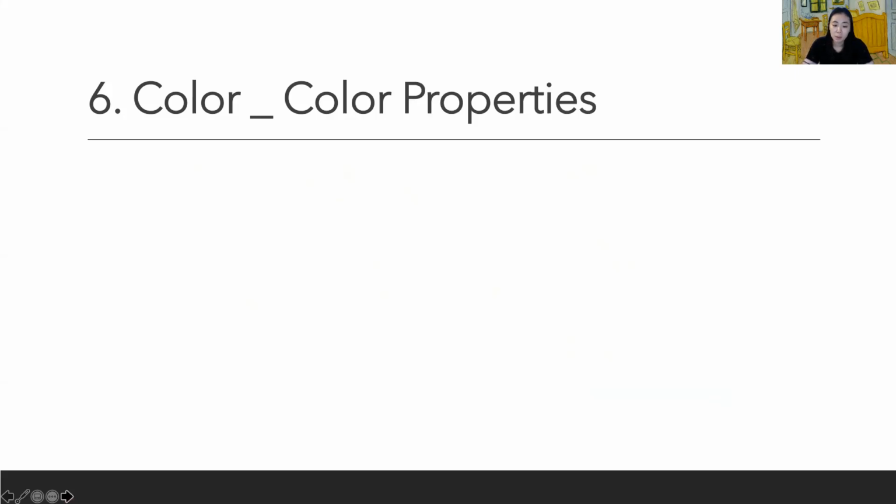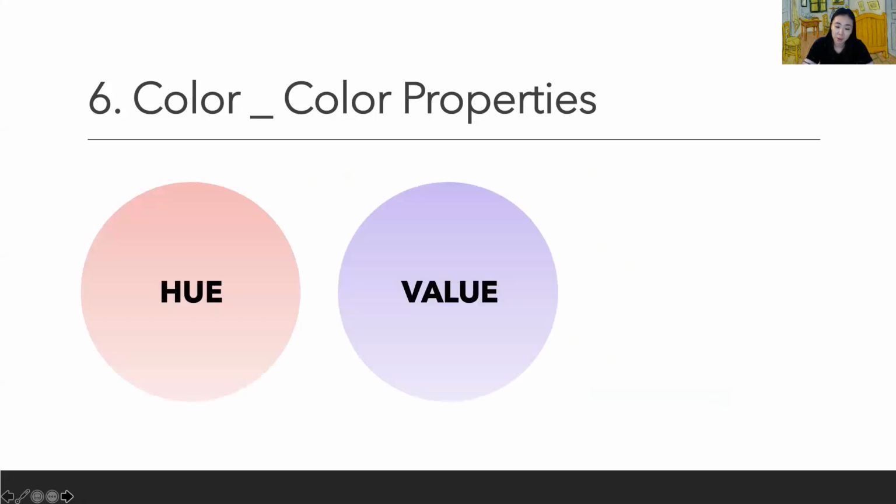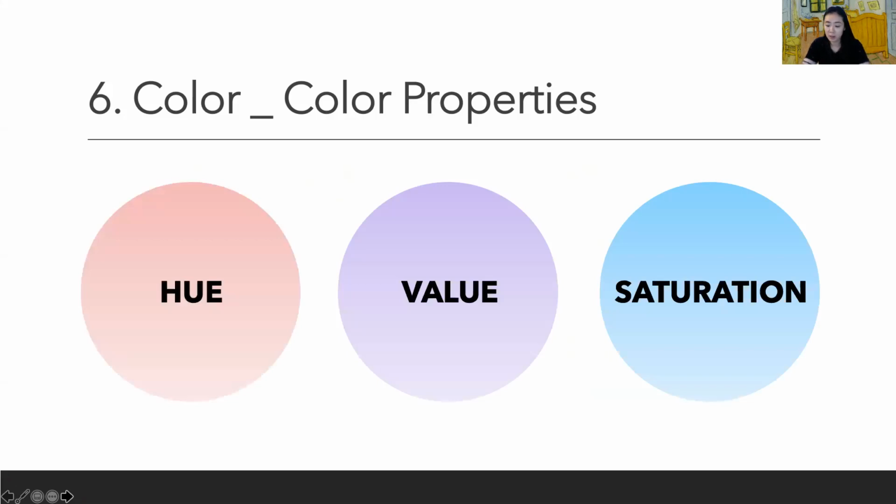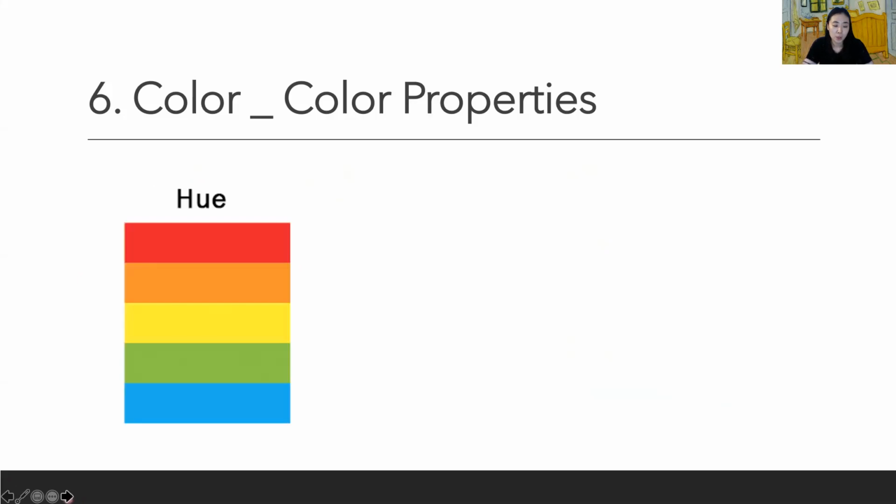And now let's talk about color properties. Any color has three properties: hue, value, and saturation. Let's see what these are. Hue is the name of the color according to the categories of the color wheel, like red, orange, yellow, green, blue.